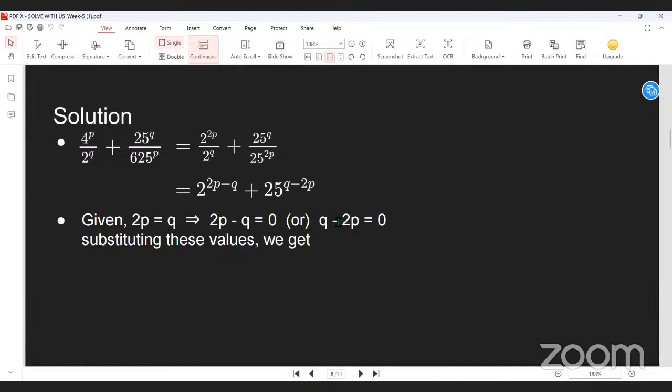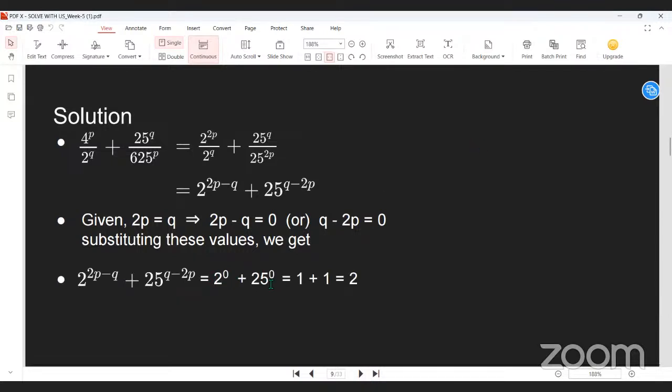So we get two equations which are the same. Substituting 2p minus q in 2 to the power 2p minus q, we get 2 to the power 0.